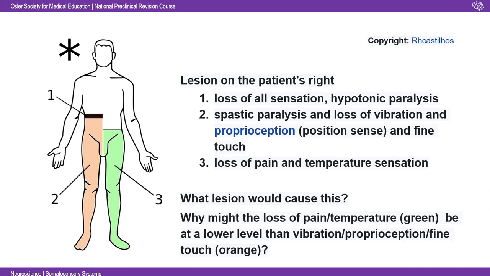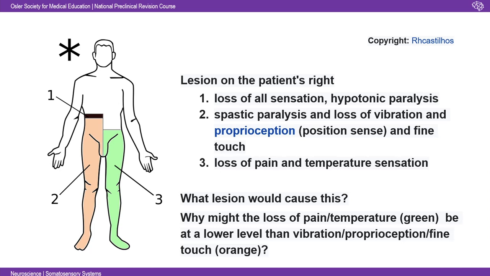In the black bar, number 1, they've lost all sensation in that region, and they're paralyzed. In the orange region in number 2, they're also paralyzed, and they've lost their vibration sense and their proprioceptive sense, as well as fine touch sense. In number 3 in green, they've lost their pain and temperature sensation.